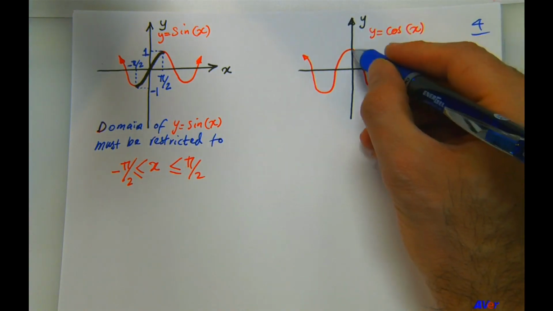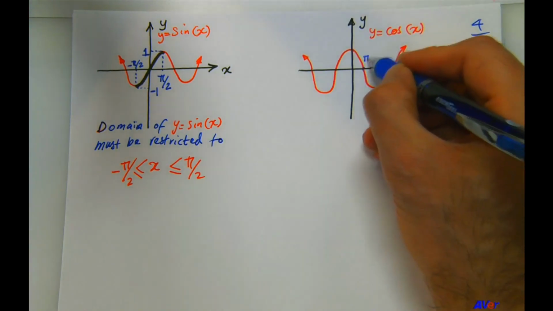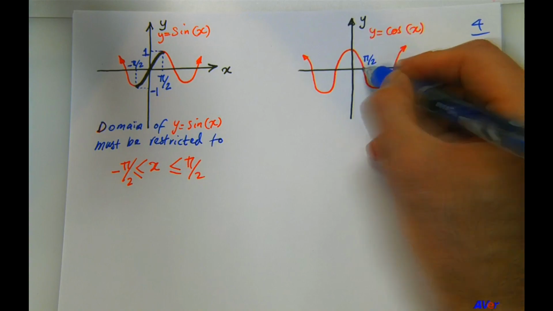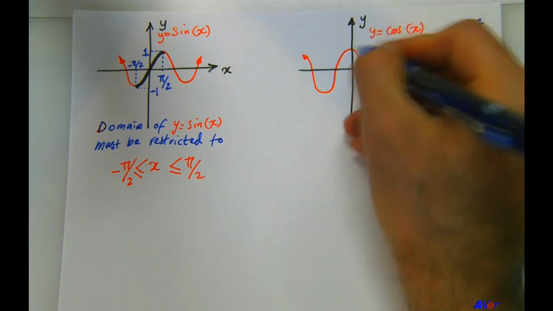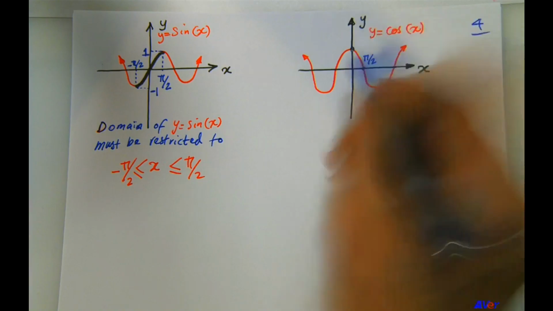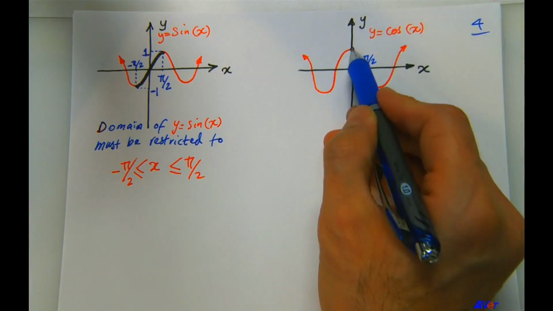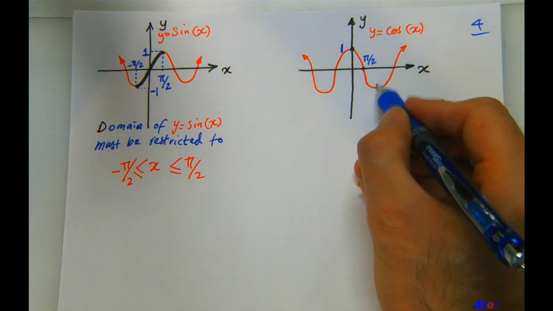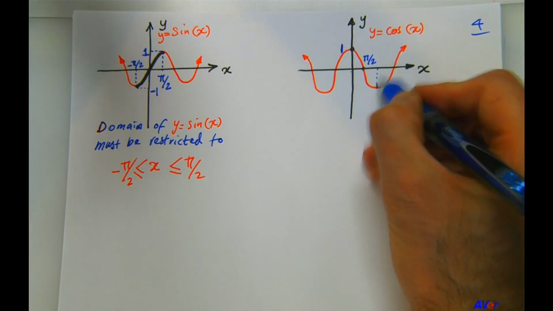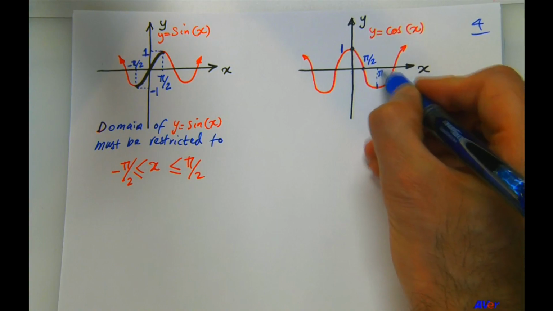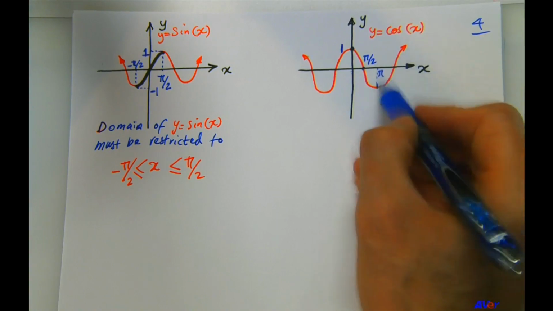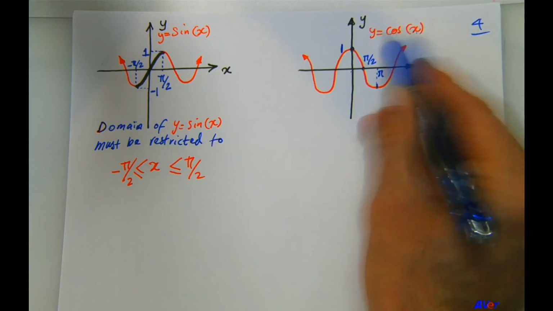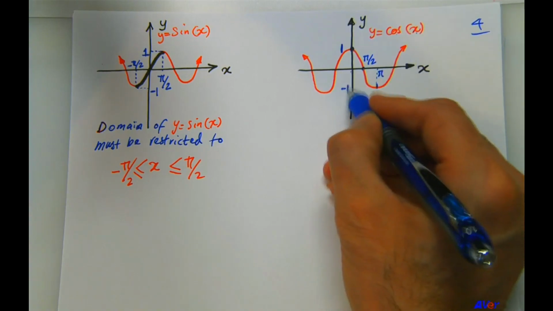This is 0, this is pi over 2, because cosine of pi over 2 is 0, which is that point. And then at this point, cosine of 0, if x is 0, cosine of x is equal to 1. And at this point, which is pi along the x-axis, if x is pi, then the cosine of pi is -1.